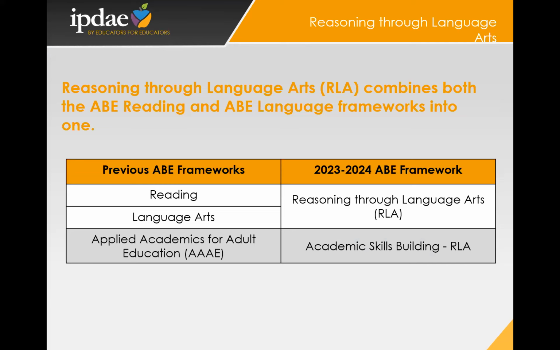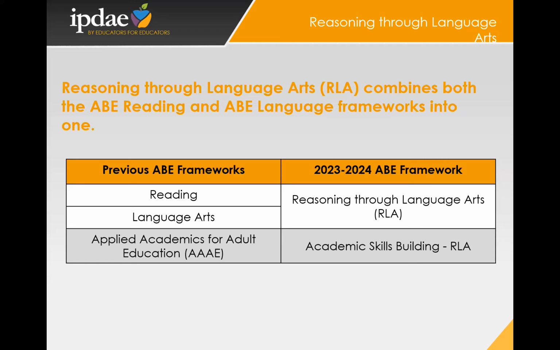As you already know, in the previous ABE frameworks, you have a separate framework for reading and then another framework for language arts. In the current framework, the new ABE Reasoning Through Language Arts framework, they're already combined together. They're integrated.